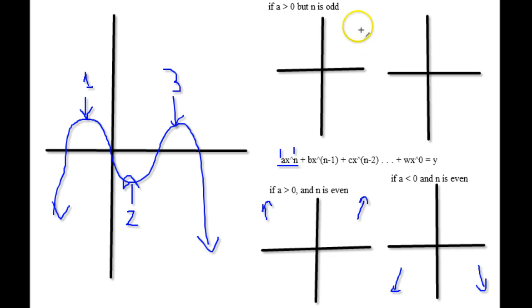If the first number is positive and it looks like this, it's going to be going up to the right and down to the left. It's kind of like a disco. If a is negative and n is odd, it's just the reverse of that, obviously, because it flipped upside down. So those are the ideas behind what's going on here.